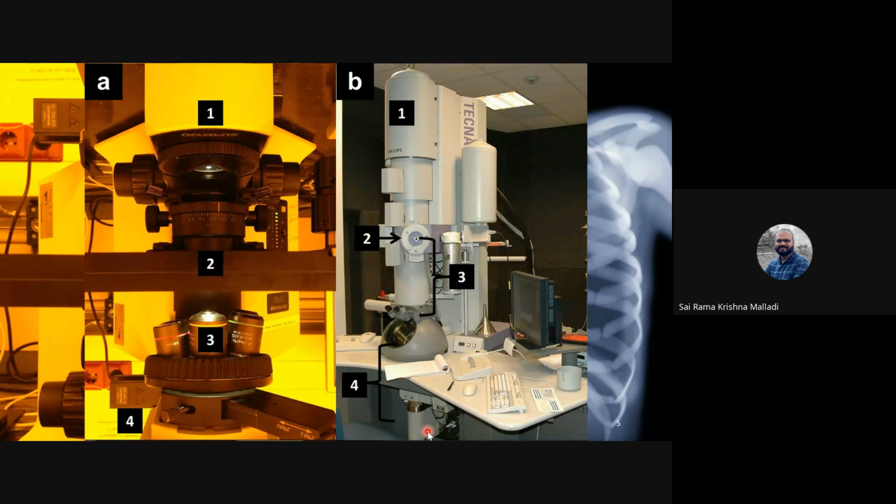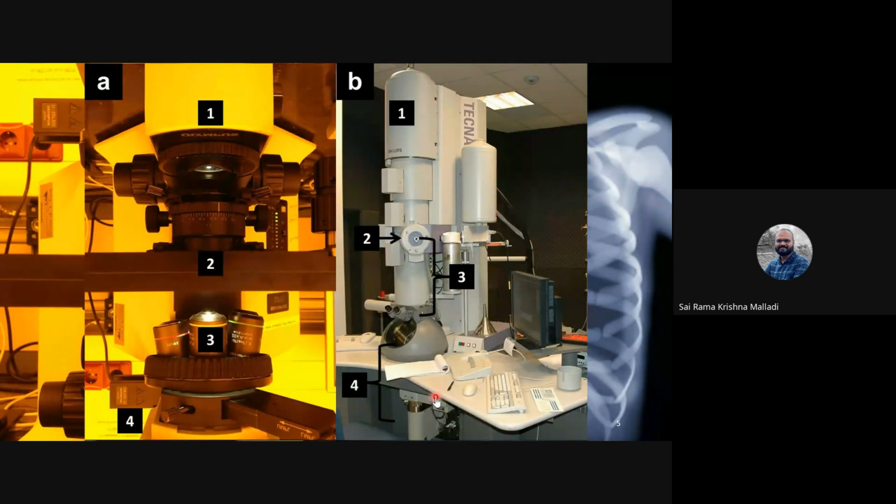You have to apply some potential onto a cathode, and then you have negatively charged electrons coming out. From the gun emission location, where you have a Wehnelt chamber and an anode, and another grounding, you accelerate the electrons through an accelerating voltage of 200 or 300 kV.